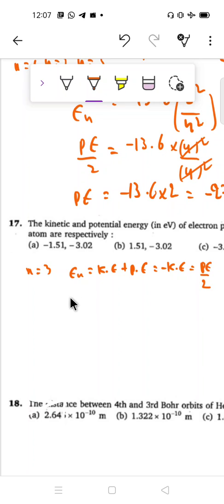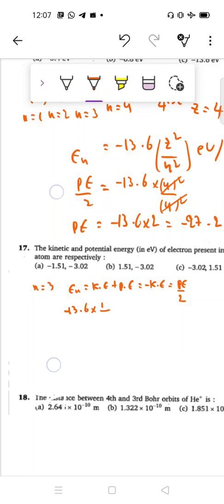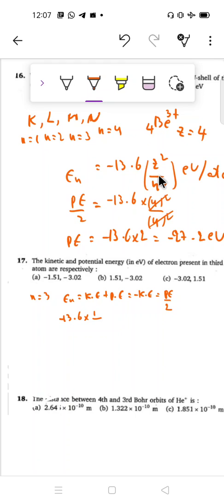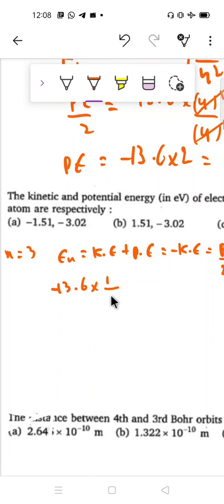Then we understand En is equal to minus 13.6 Z square by n square. For the hydrogen atom, Z is equal to 1, n is equal to 3. Let us substitute here, 3 square.